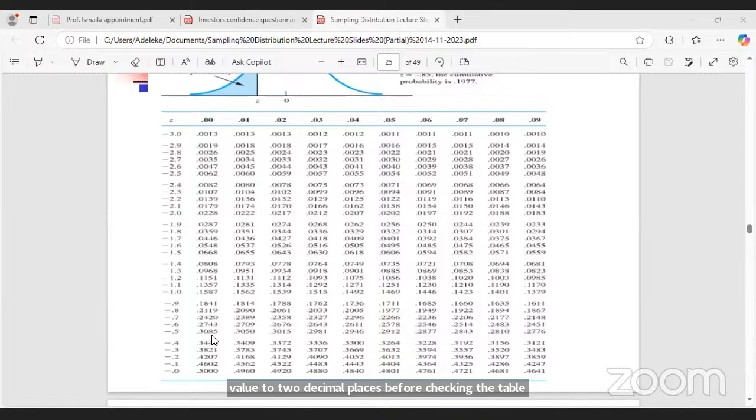So in the case of minus 0.035, if I approximate to 2 decimal places, it gives me minus 0.04. So it is 0.04 that I will check. You need to change it to 2 decimal places before checking the table, because the table does not make provision for 3 decimal places.